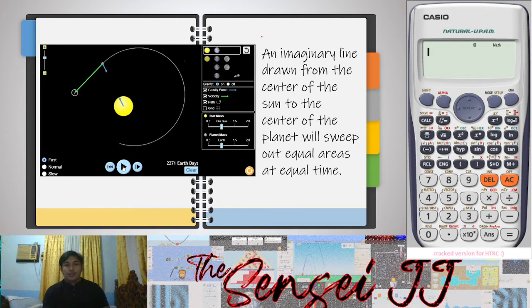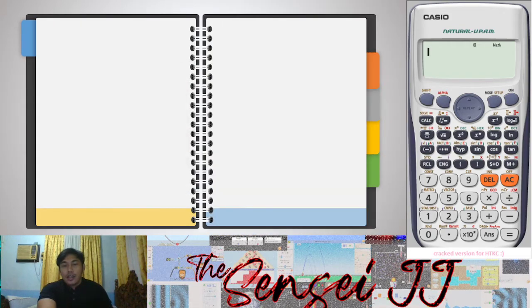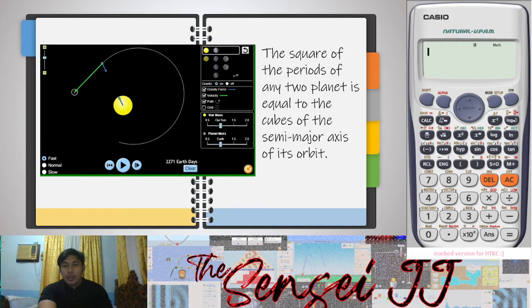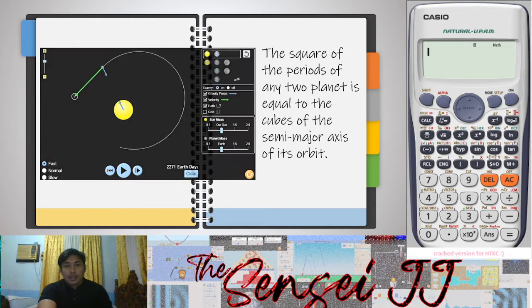That is the area sweeping. So equal time, equal area is being exerted here in the movement of our planet, with the sun at its focus. The next is the square of the periods of any two planets is equal to the cubes of the semi-major axis of its orbit.